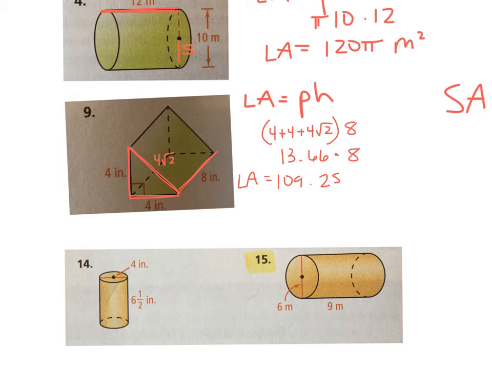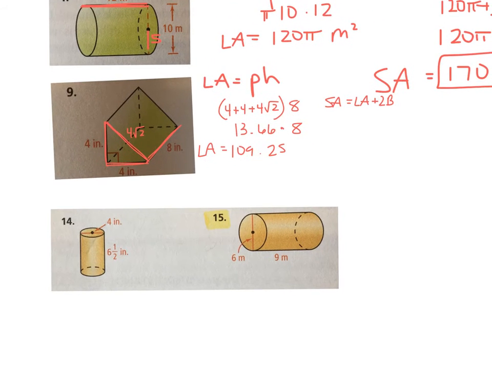So then your surface area is your lateral area plus 2 times the area of the base. And if you look at this triangle, the area of the base, you have a base of 4 and a height of 4. So it's going to be 109.25, that's our lateral area, plus 2, and then the area of the base, it's a triangle, so it would be 1/2 times base times height.